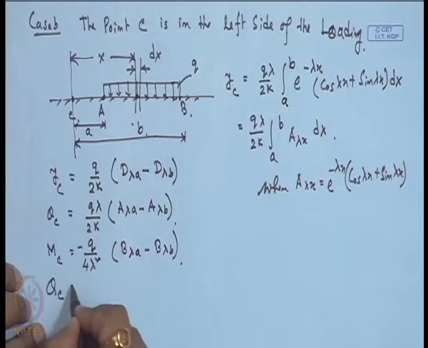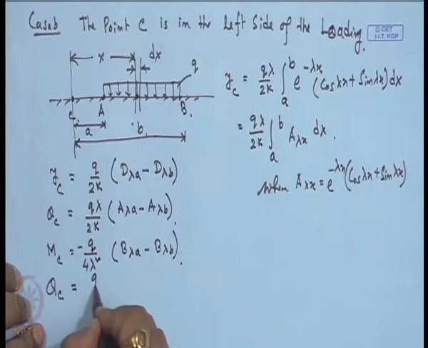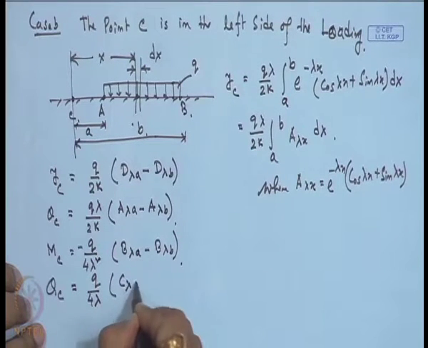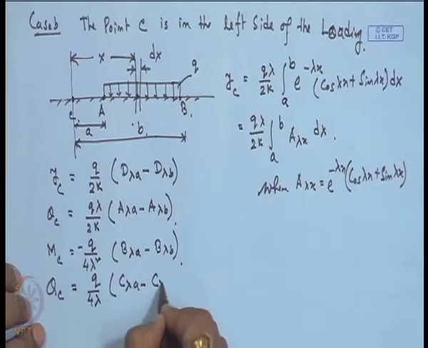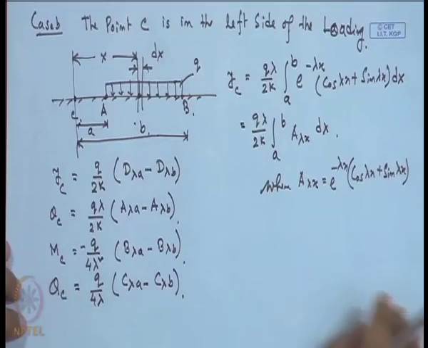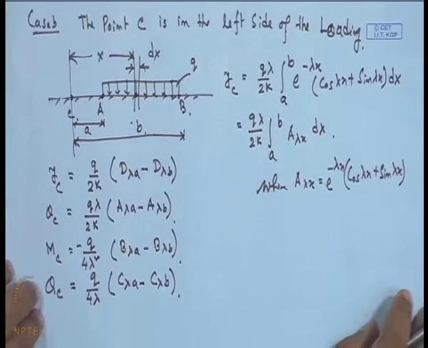Shear force at C is q divided by 4 lambda into c lambda a minus c lambda b. So, these are the expressions of these 4 quantities for case B, if the point C is left side of the loading. Next case is if the point C is the right side of the loading.